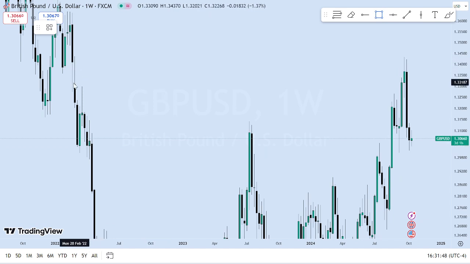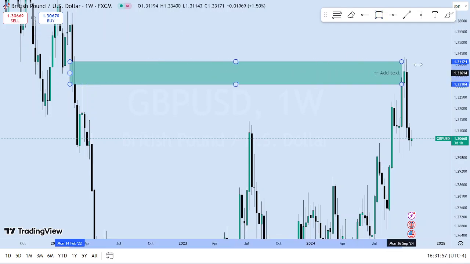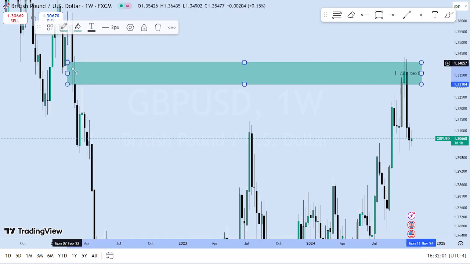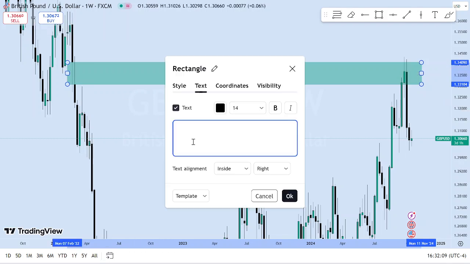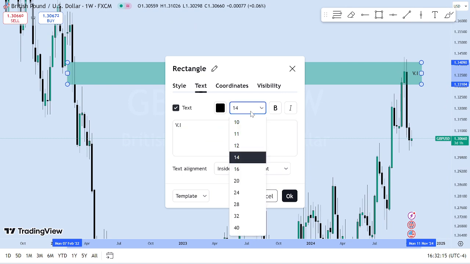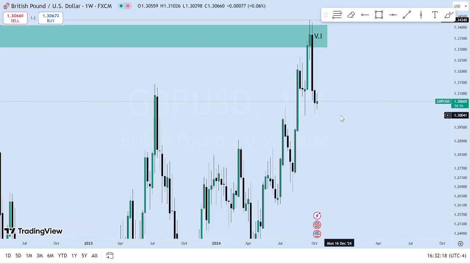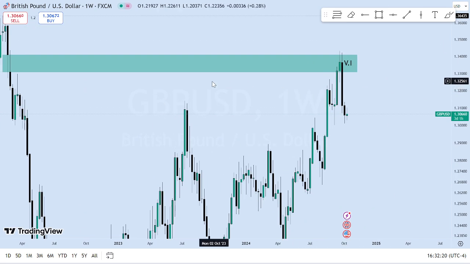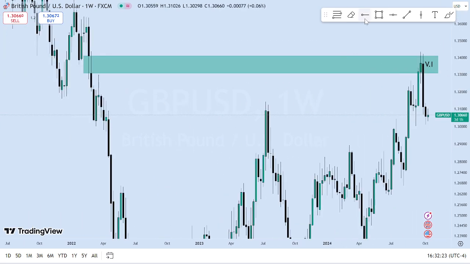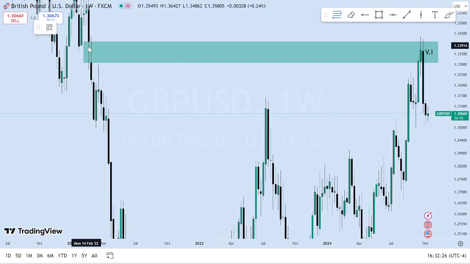Between this candle here and this candle, that's a volume imbalance. The gap, this space between this candle's high and this candle's low, is called a volume imbalance. You can see how we deliver inside the 50% of it. That's the half of the volume imbalance.